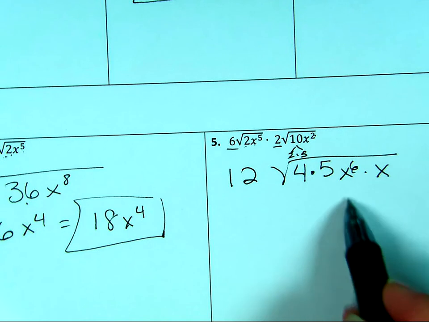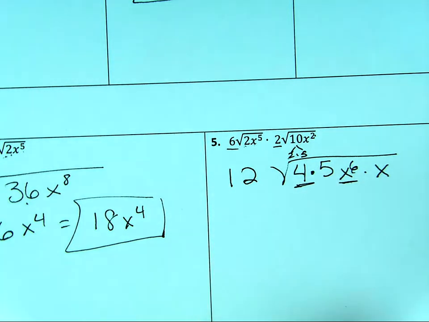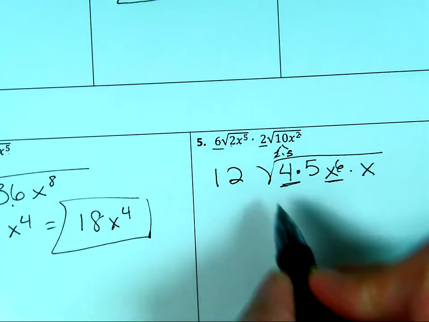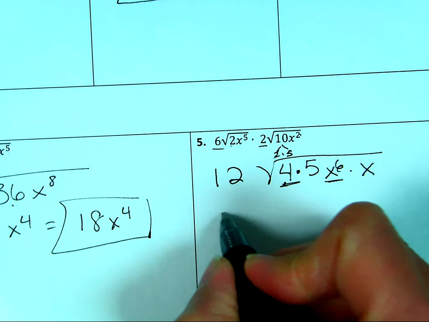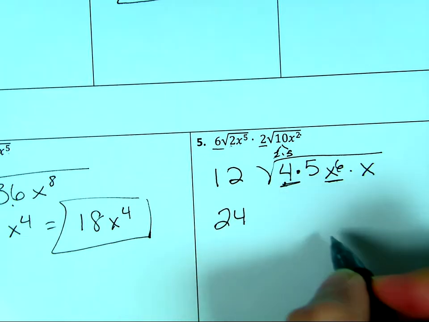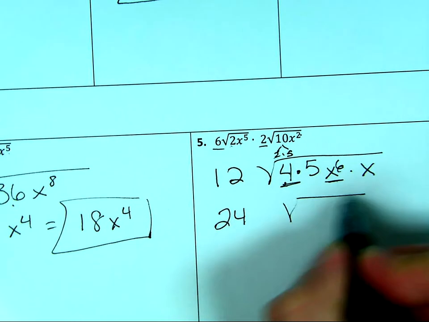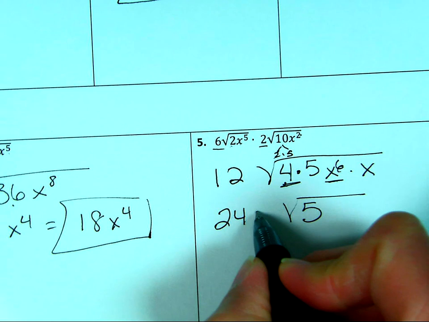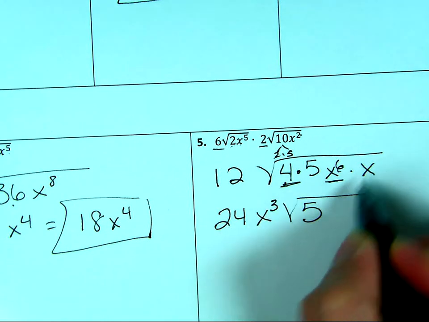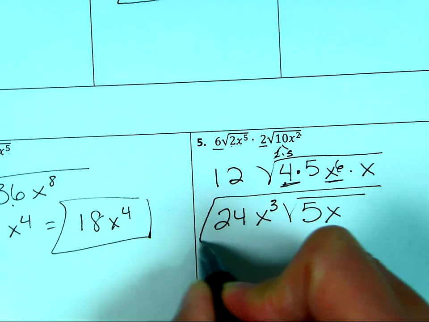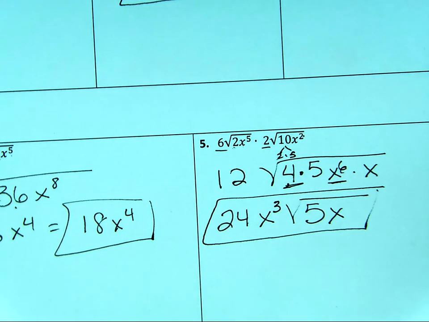Still x to the 7th, but now I can see which ones I can take the perfect square of. So I'm going to take the square root of 4, which is 2. That gets me a 24 when I bring it out. The 5 is going to stay in. The square root of x to the 6th is x cubed, and the x is going to stay in. So that becomes my simplified product of those two things.